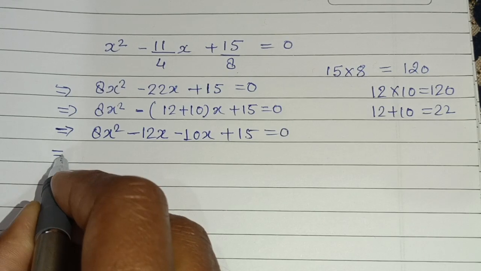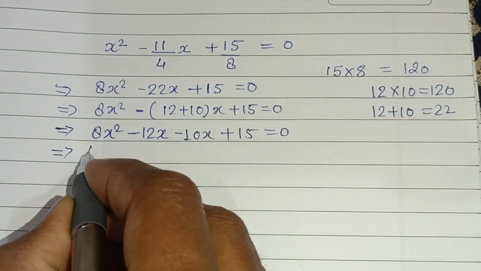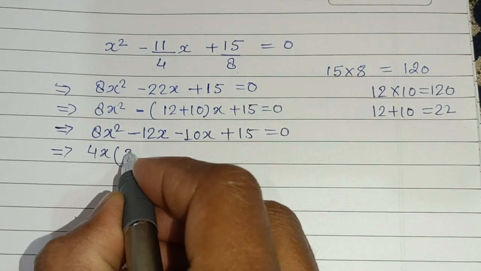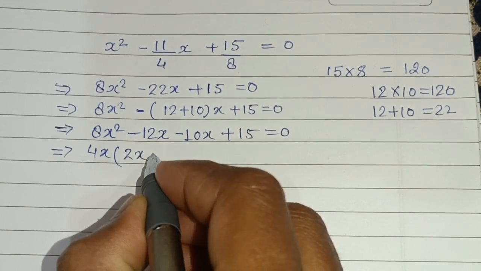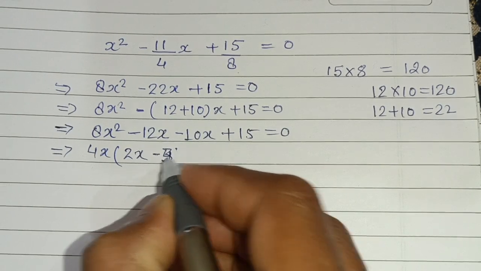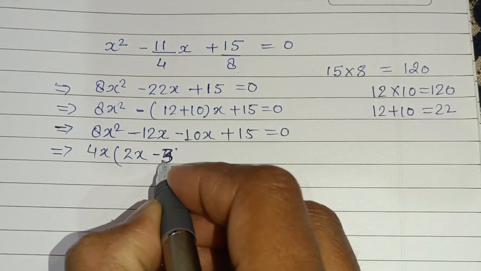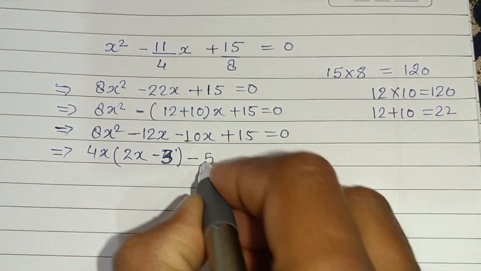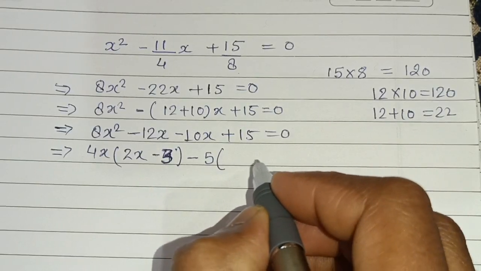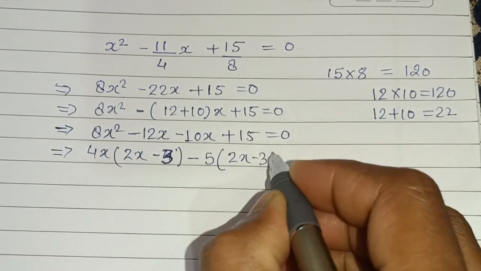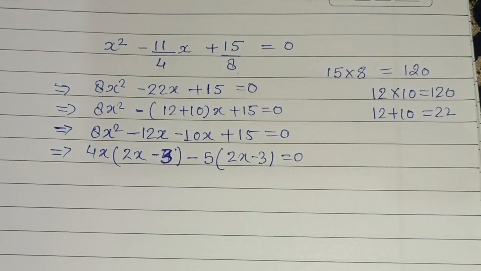So here we will take 4x common, that is 2x, that is 3, that is 3, and here we will get 5 common, that is 2x minus 3 is equal to 0.